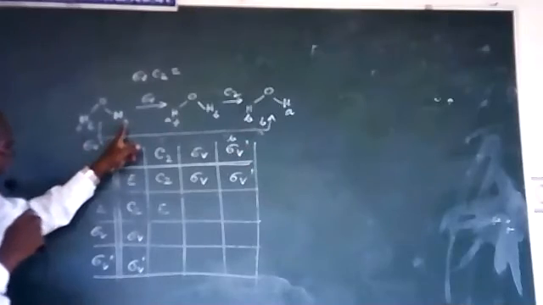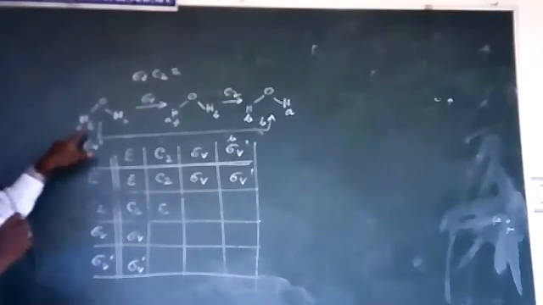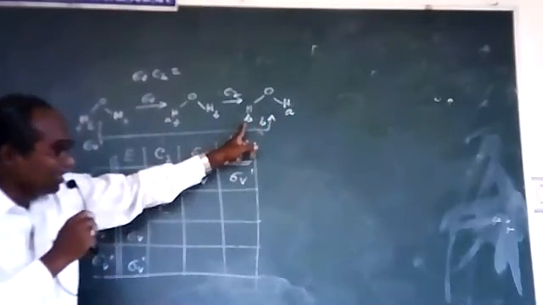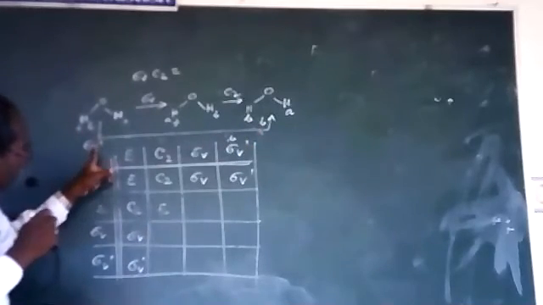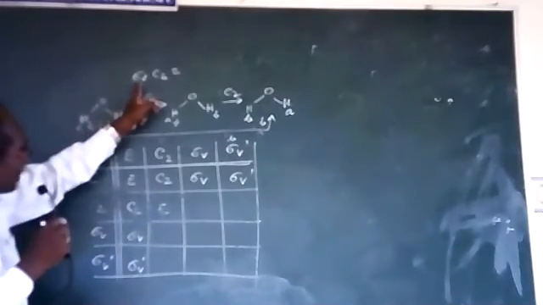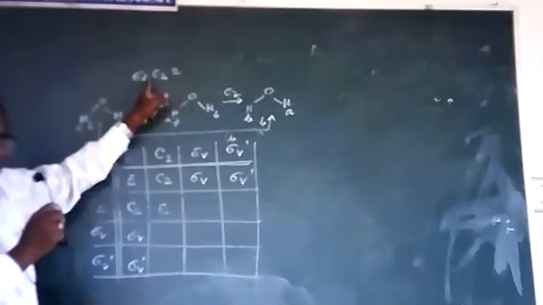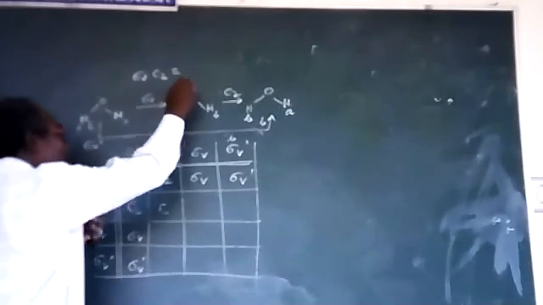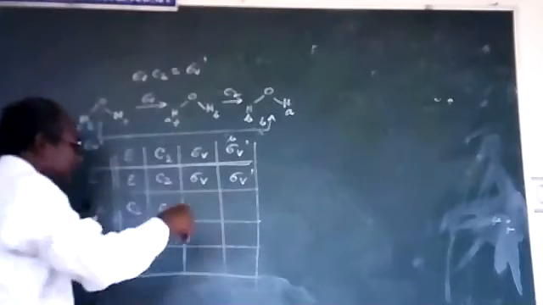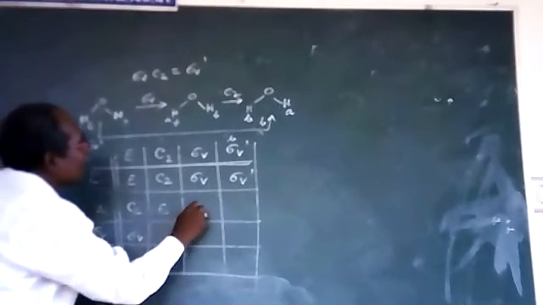Hydrogen A and hydrogen B remain in their own places, but it is the back. Therefore, when sigma V and C2 are combined, that can be performed by one single operation, sigma V dash. So here you are getting sigma V dash. I suppose you are understanding this.